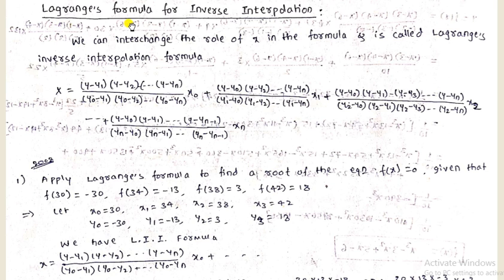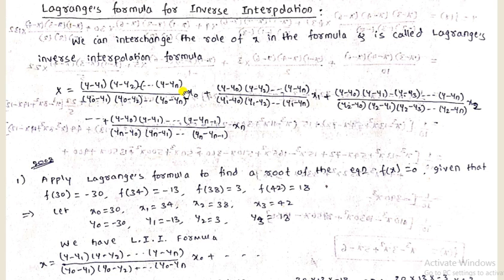Next one is Lagrange's formula for inverse interpolation. We can interchange the roles of x and y here. So in Lagrange's formula, in place of x, if you use the y term, it gives the inverse interpolation formula. You just replace x by y, and x1, x2 by y1, y2, and y0, y1, y2 are replaced by x0, x1, x2.